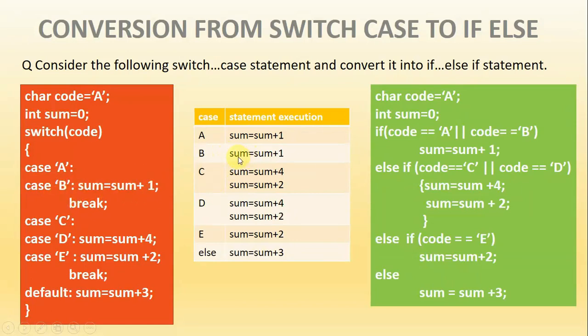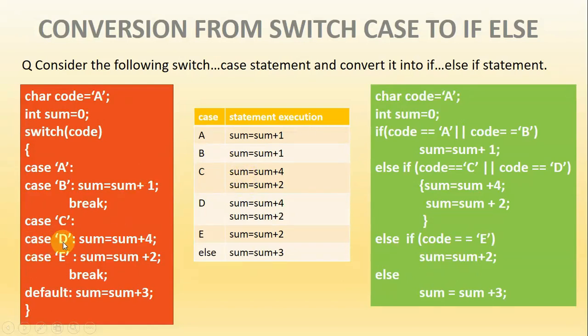Now for case C, it will execute sum equal to sum plus 4, and as there is no break after it, it will also execute the next statement sum equal to sum plus 2. So both these statements are executed if the value of code is C.